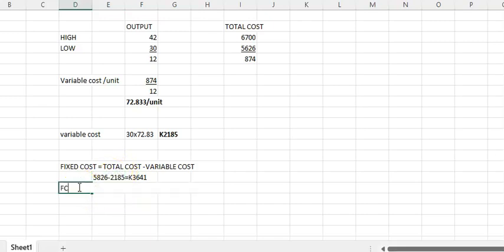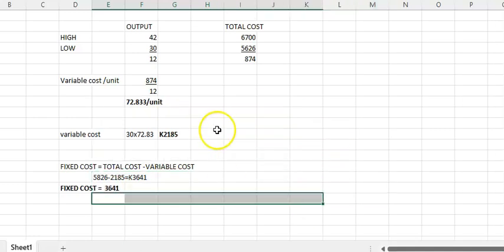So our fixed cost FC is equal to 3641. It's our fixed cost.